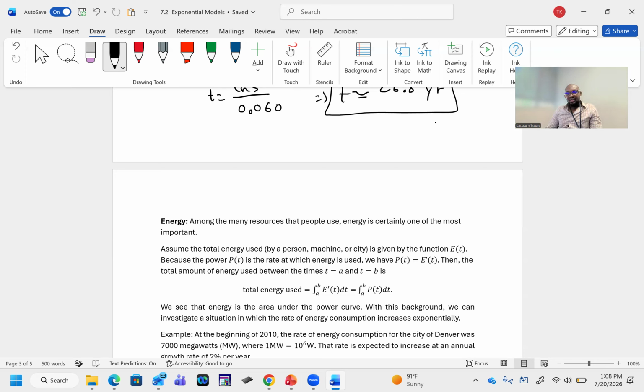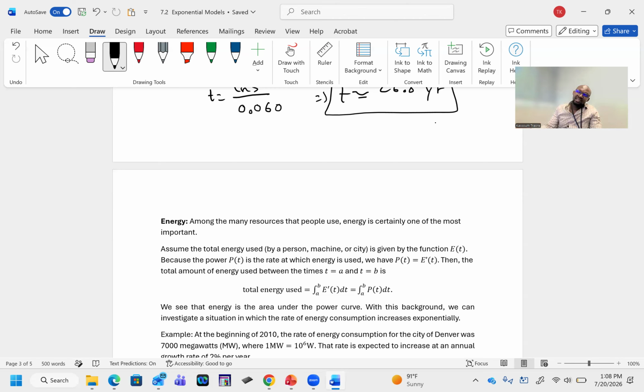Assume the total energy used by a person, machine, or city is given by the function E(t), because the power P(t) is the rate at which energy is used, where P(t) is equal to E'(t). So you have to know there is a relationship between power and energy, right? Then the total amount of energy used between the time t equals a to the time t equals b is given.